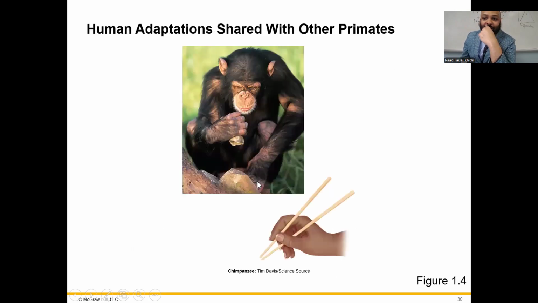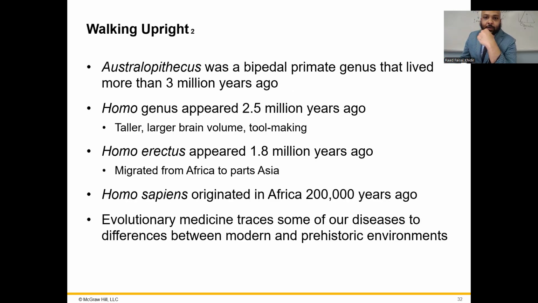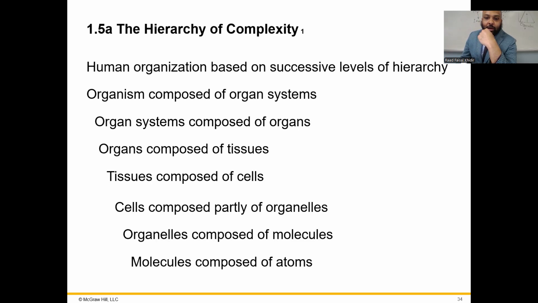Okay, so this shows walking upright, known as bipedalism. These are characteristics we developed through natural selection that helped us survive in the challenging environments we live in. We also talked about the molecules: below the cells there is a whole universe.